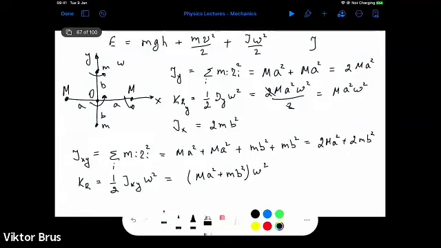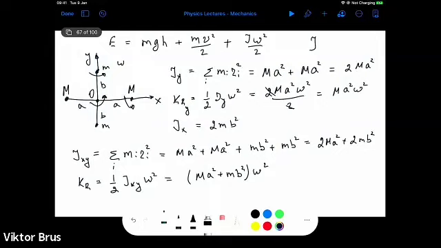So you see, depending on the location of the axis of rotation, we will get different values for the moment of inertia. That is the main feature of this parameter, that it can be different for the same system of bodies or the same body if it rotates about different axes of rotation.